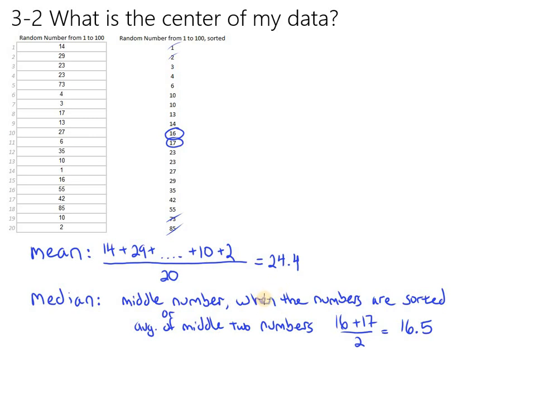Before we move on to the mode and the mid-range, I just wanted to talk about why those two are different and what they mean. Let's think about if someone had misunderstood the question and instead of writing 85, they had written 85,000 or 85 million, just because that's their favorite number.